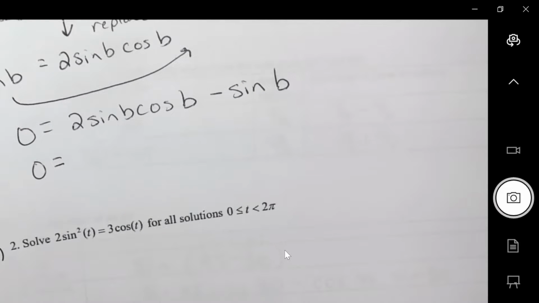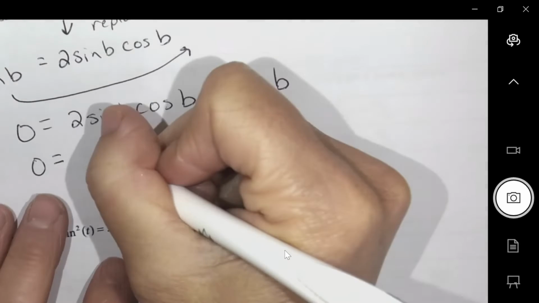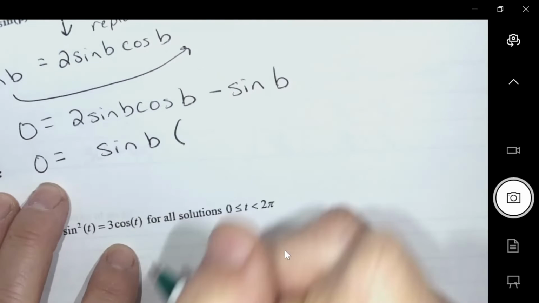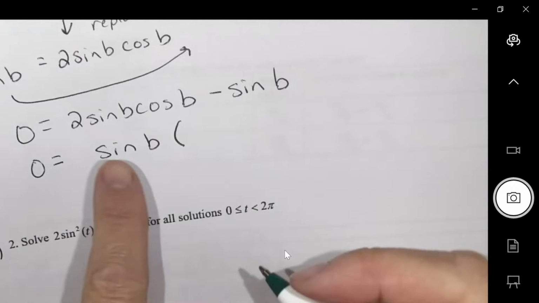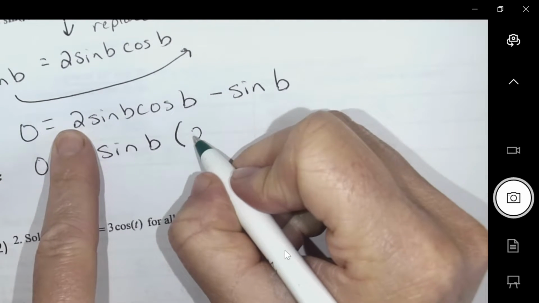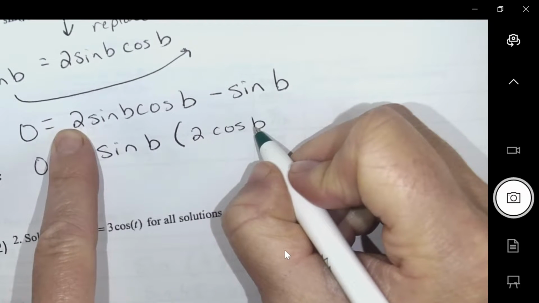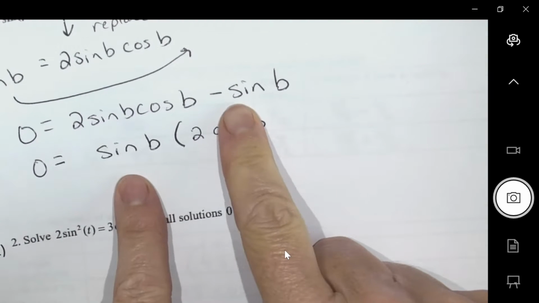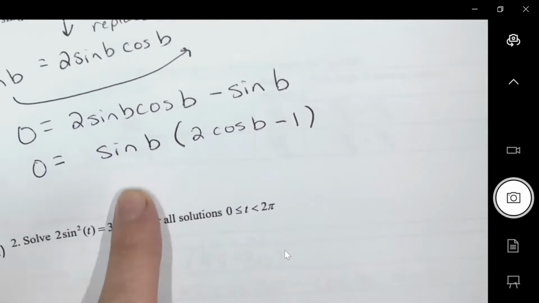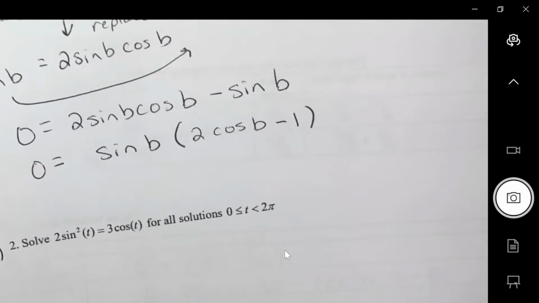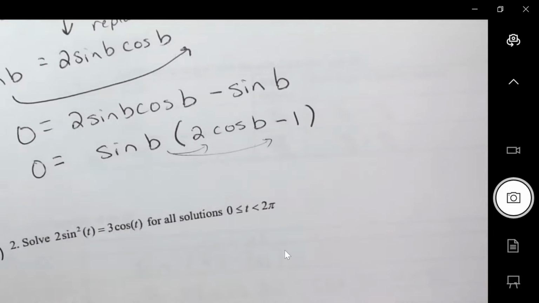What could divide out of both of them? Sine B. If we divide that by sine B, we get 2 cos B. If we divide this by sine B, we get a minus 1. If you struggle with GCF, make sure that when you multiply it back, it gets there.